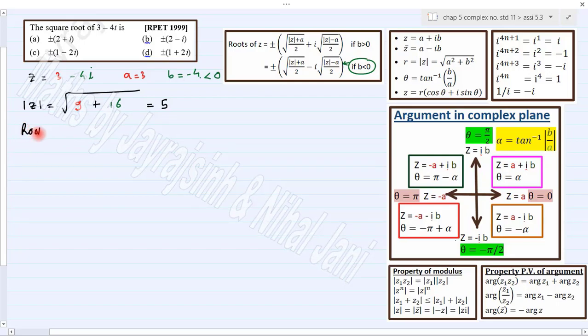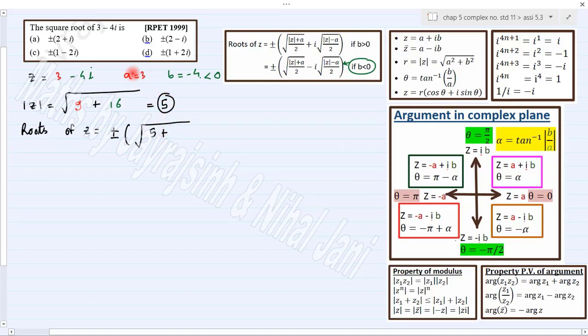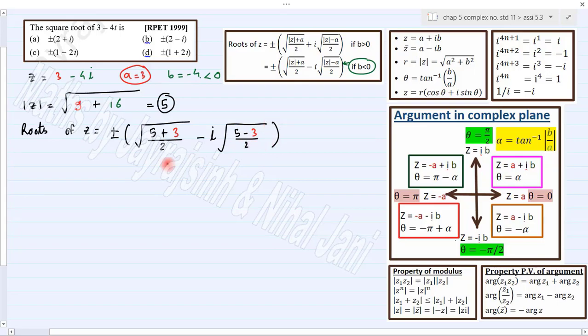So, we can say our roots of z is plus or minus [under root of ((mod z, which is 5, plus the real part, which is 3) divided by 2) minus i times under root of ((mod z minus the real part) by 2)].